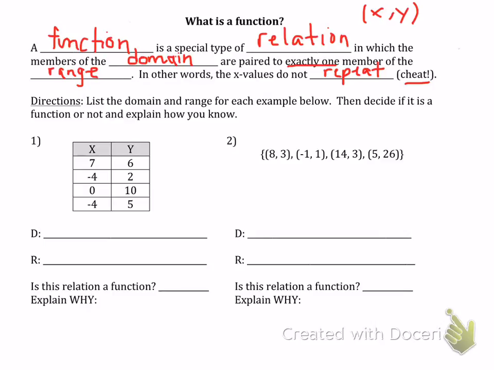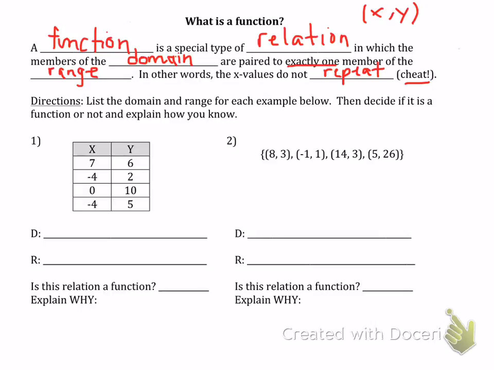So think of yourself as a detective or investigator looking to see if every x value is being faithful. As soon as you see an x value being paired to more than one y value, you're going to call that out and realize that it's no longer a function.